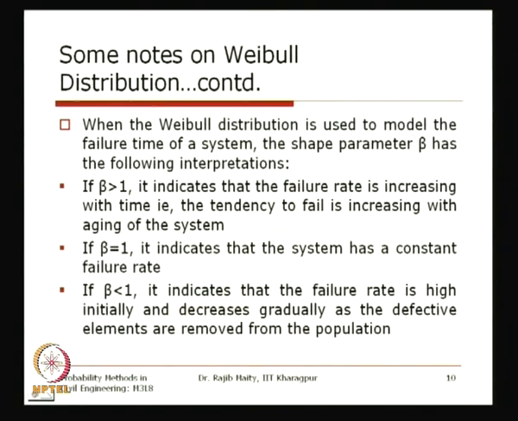When beta is greater than 1, it indicates that the failure rate is increasing with time. That is, the tendency to fail increases with the aging of the system. This is important for different civil engineering problems.